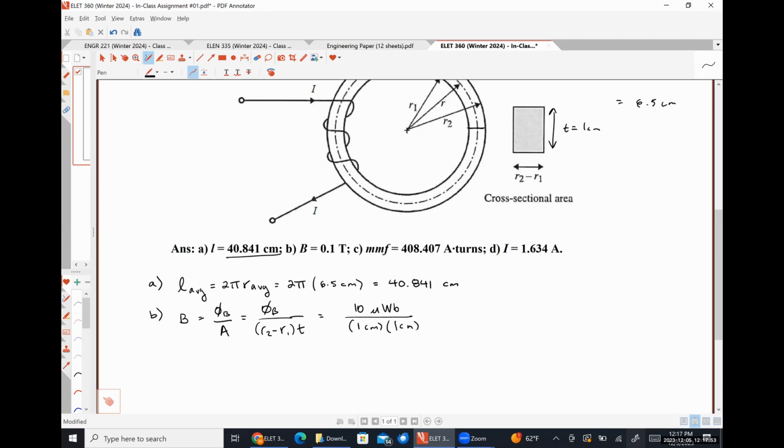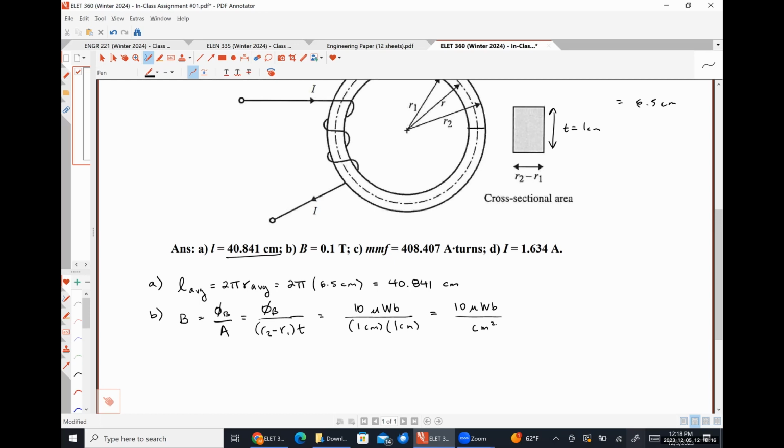So this is going to look like 10 microwebers per centimeter squared. Now, we were provided an answer that's in Tesla, which is the conventional unit for magnetic flux density.